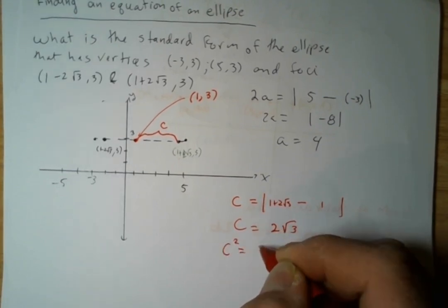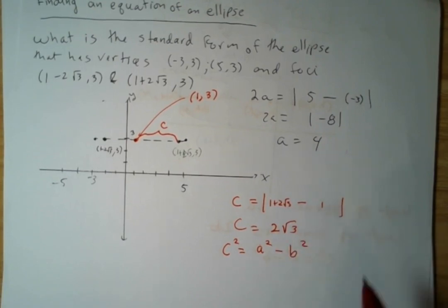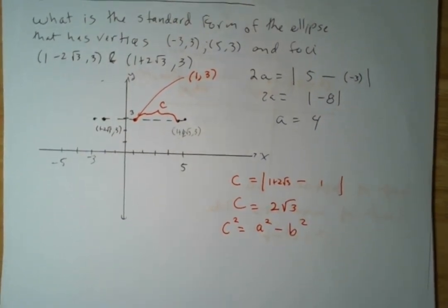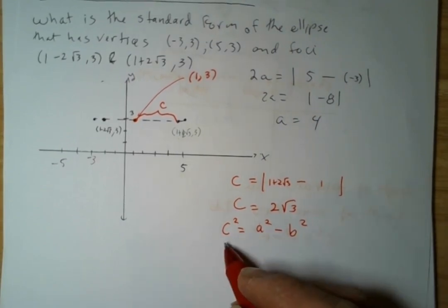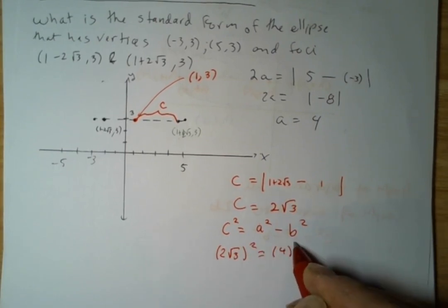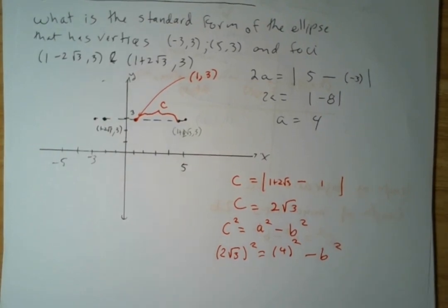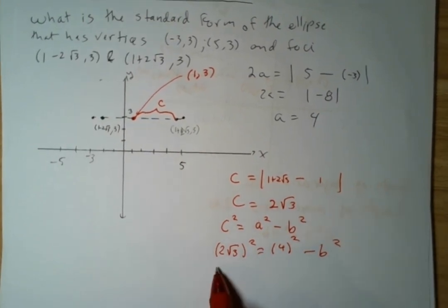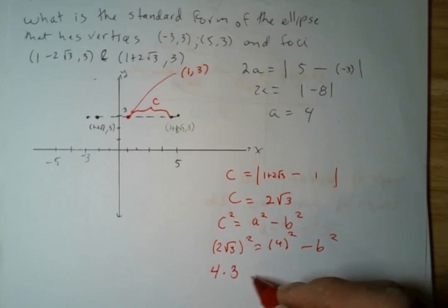The only thing I've got left is to find the value of b, but I know that c² = a² - b². That's how I relate a, b, and c. Now plugging values in: (2√3)² = 4² - b². Squaring these, this is a product, so you square each one individually. 2 squared is 4, the square root of 3 squared is 3.